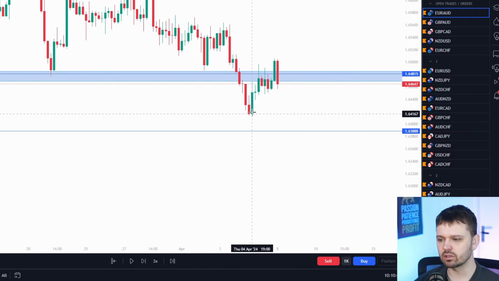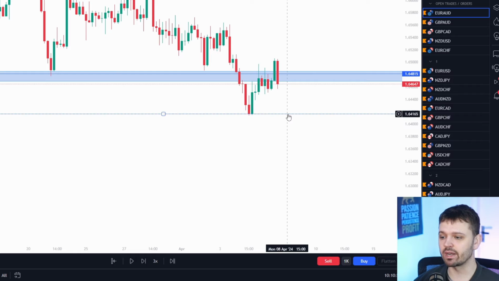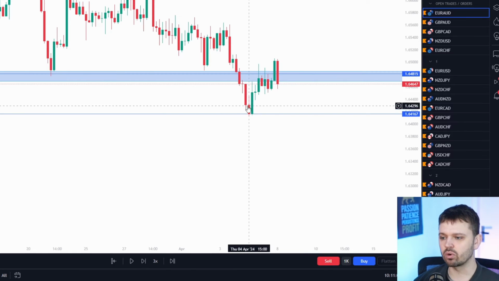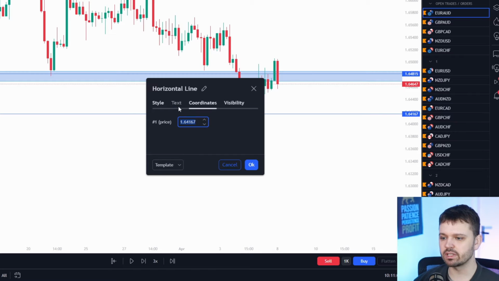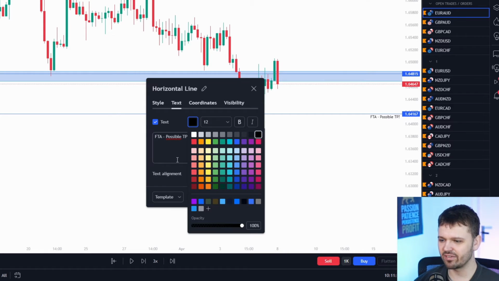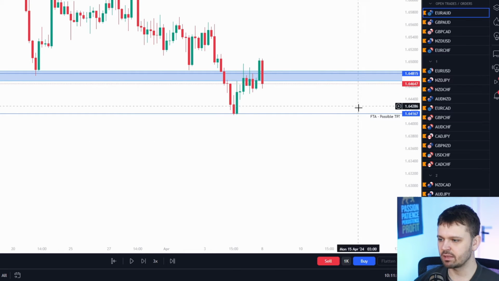I would argue that the closest support where we can expect price to run into trouble would be this level right here, which, when you go short, is usually the last local low, that one right there. So we're going to type in here FTA, possible target, or TP. Of course the text is white because usually I don't have a white background, so that's better. Okay, FTA, possible TP, exclamation mark.